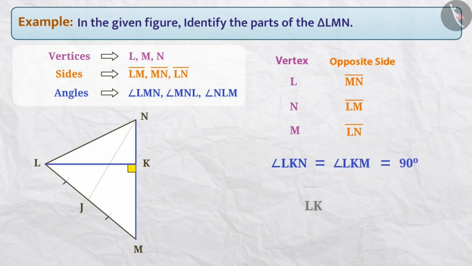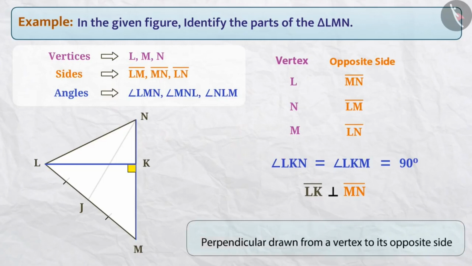That is, the line segment LK is perpendicular to the side MN of the triangle. We know that a perpendicular drawn from a vertex to its opposite side is called an altitude of the triangle. In this way, LK is an altitude of triangle LMN.